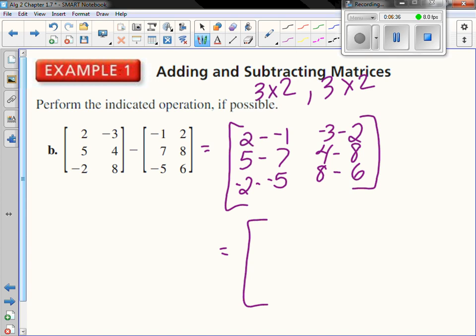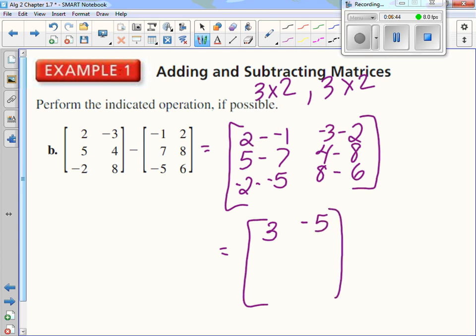Well, here negative and negative make a positive. So we get negative 3 minus 2 would be negative 5. We good?